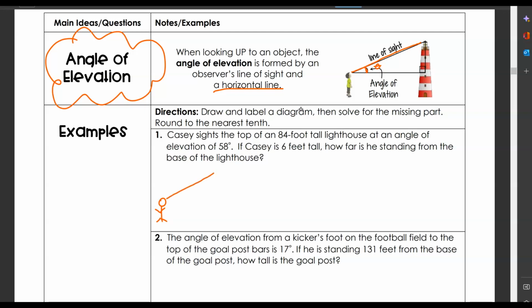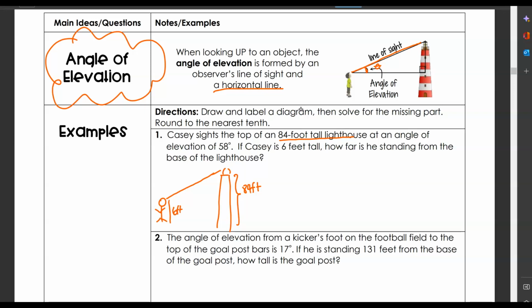Here's her line of sight. This is going to be the lighthouse. And we know that the lighthouse is 84 feet tall. Casey is 6 feet tall, so we know that she's 6 feet tall.